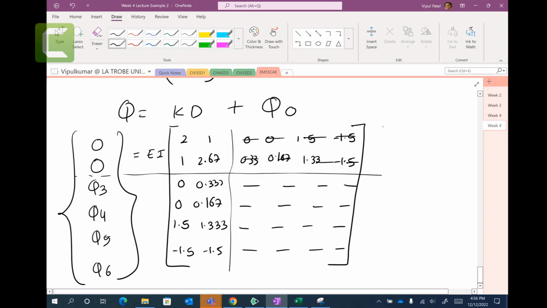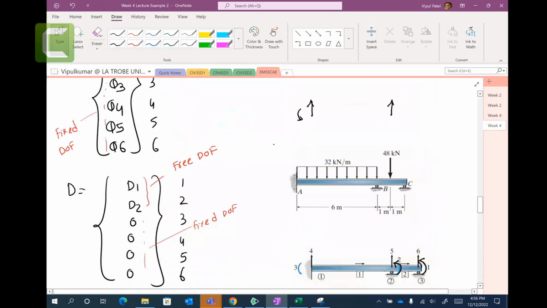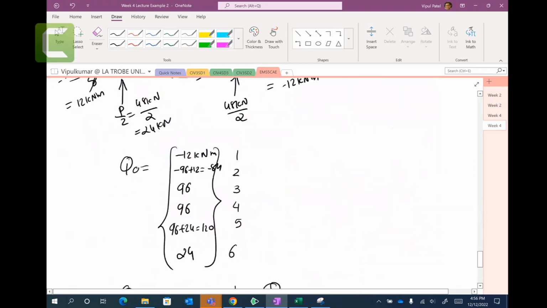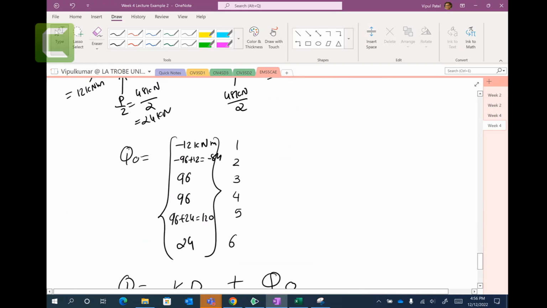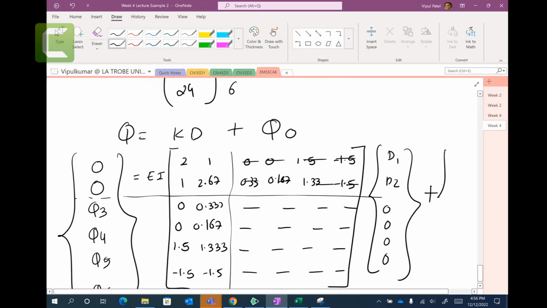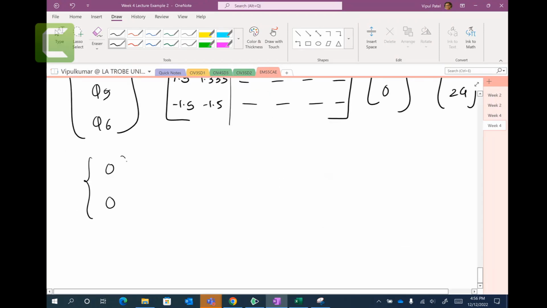Like this. And then the D matrix. I think we got the D matrix here: D1, D2, and all 0. Plus the Q0 matrix. We got here minus 12, minus 84, 96, 96, 120, and 24. So in here, you got 0, 0.